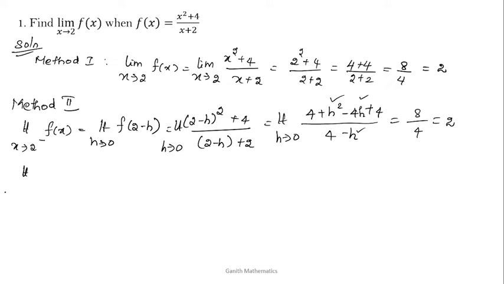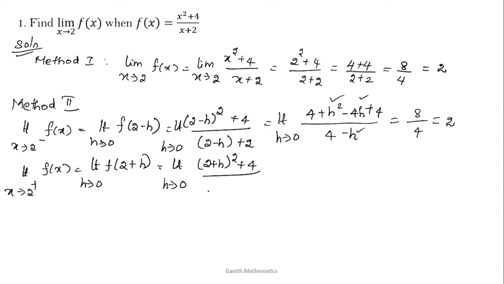Similarly, I am going to find the right hand limit, x tends to 2 plus f of x, that is limit h tends to 0 f of 2 plus h, which is equal to limit h tends to 0 of 2 plus h the whole square plus 4 divided by 2 plus h plus 2, which is equal to limit h tends to 0 of 4 plus h square plus 4h plus 4 divided by 4 plus h.